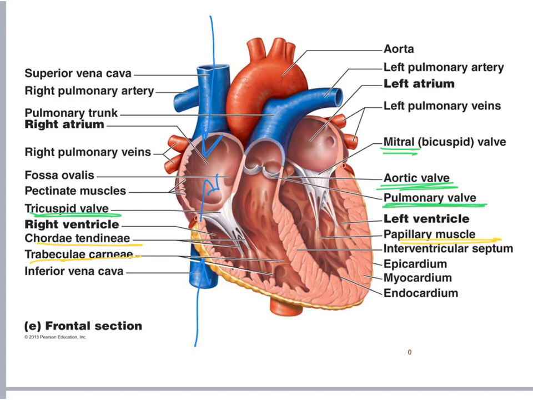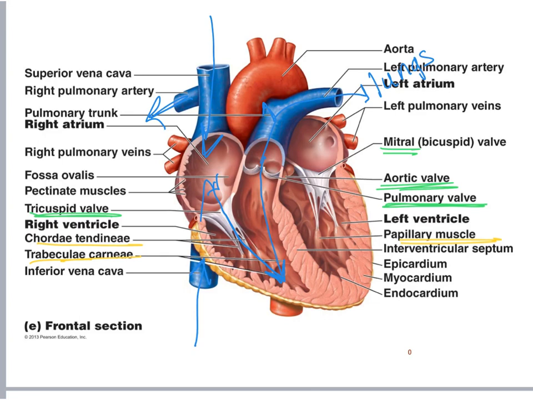It then goes past the tricuspid valve into the right ventricle. From there, it's going to go through the open pulmonary valve, into the pulmonary trunk, out of those pulmonary arteries to the lungs.